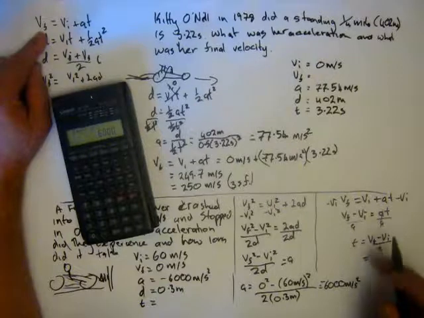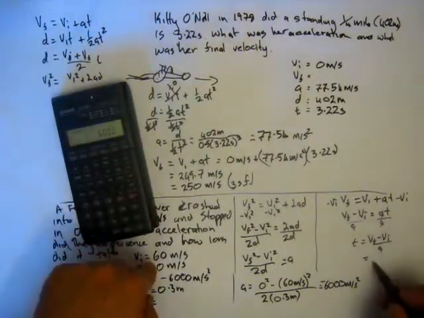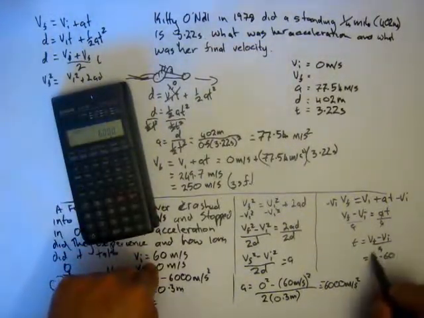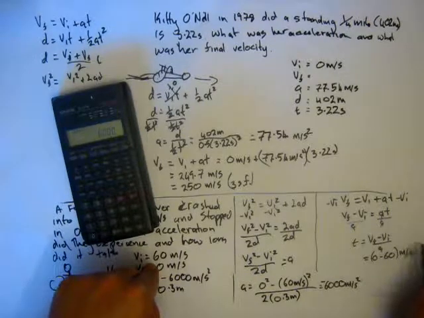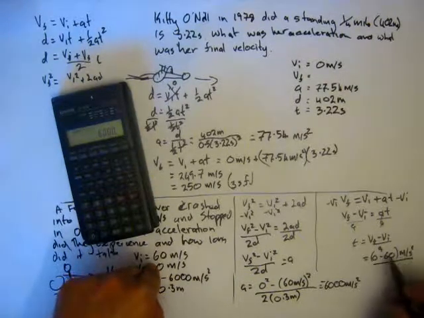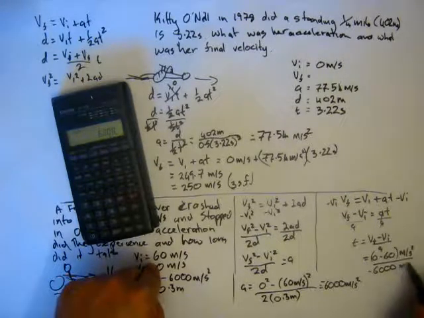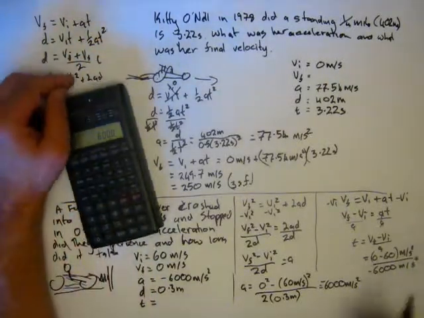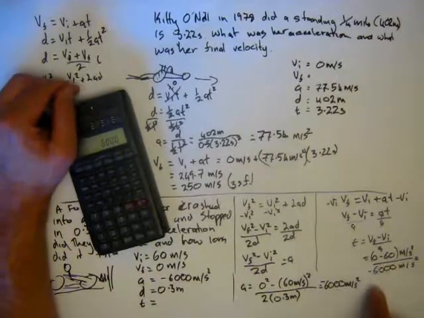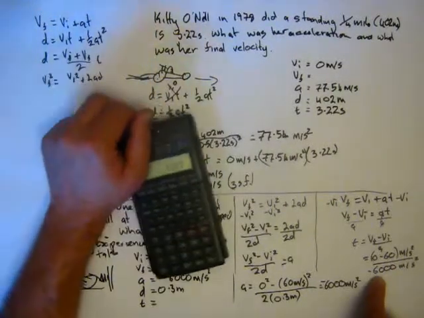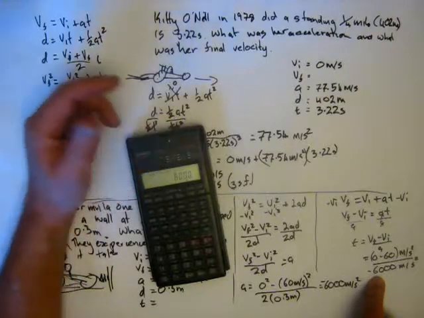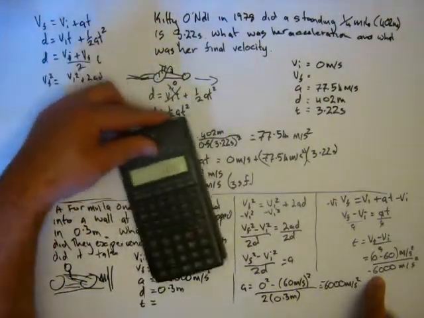Vf is 0 minus 60 meters per second, over negative 6,000 meters per second squared. Because remember, this is going to be a negative number, negative 60 divided by negative 6,000.